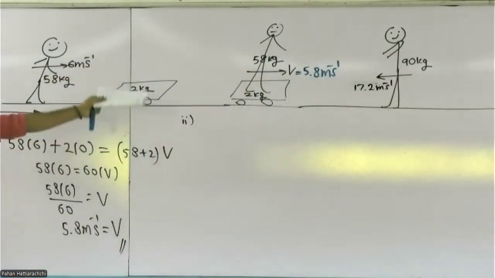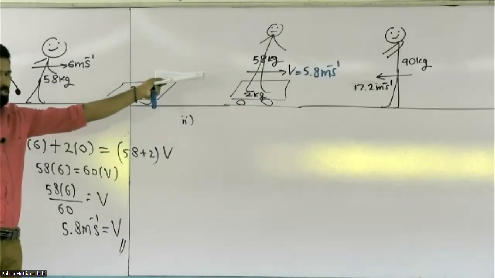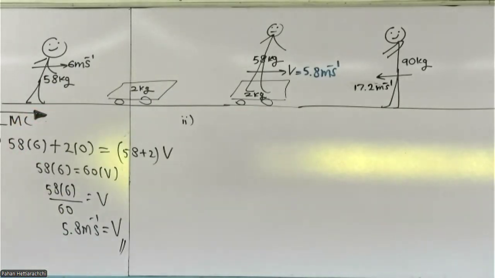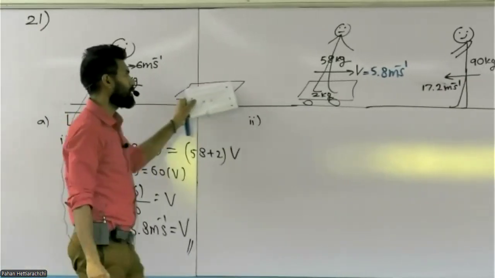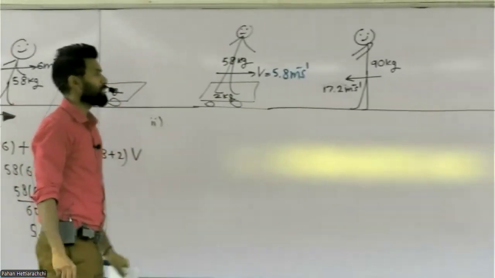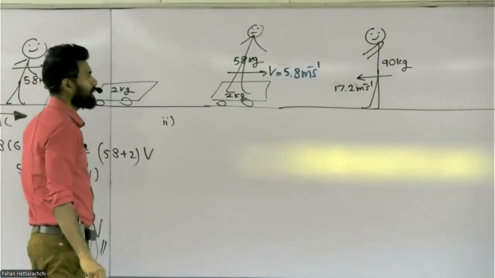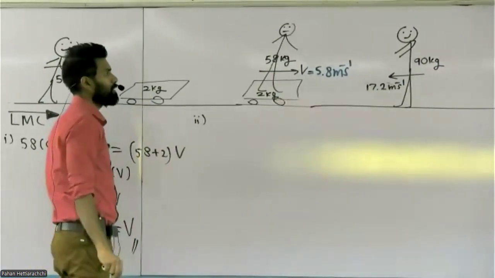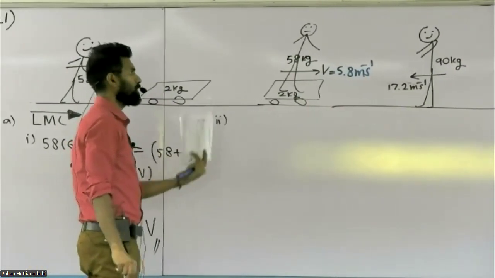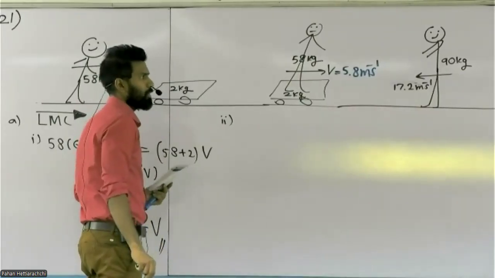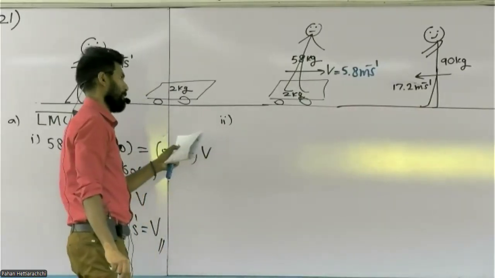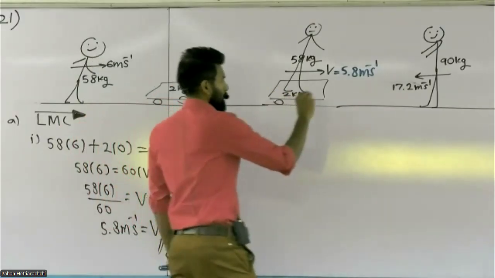So I have continued the diagram. You can draw a new one, or you can also continue. Now this 58 kg person with the 2 kg trolley is moving in the rightward direction with a velocity of 5.8 meters per second. Meantime, the second athlete, who has a 90 kg mass, is on a head-on collision with this first one at 17.2 meters per second velocity. What will happen?